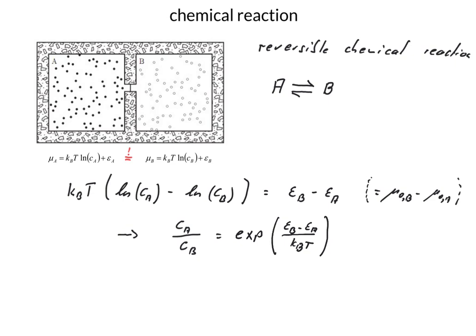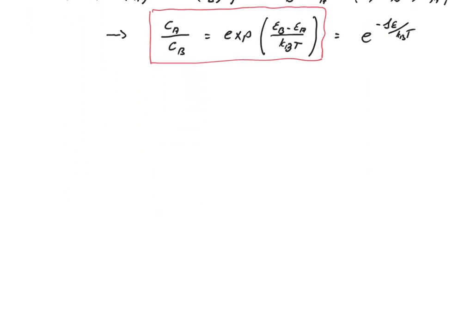Hence, it's the chemical energy difference between the two particles that will decide on the relative concentrations in the final situation. Now, keeping this concept in mind, let's look at an example.